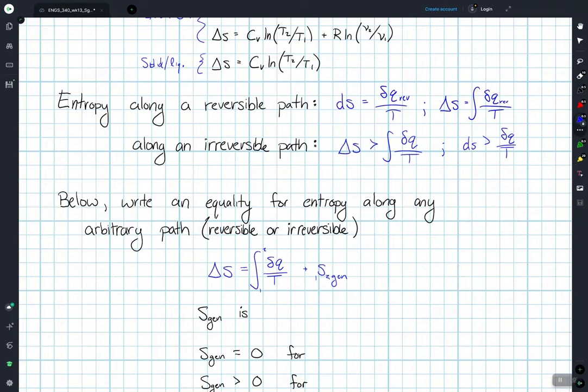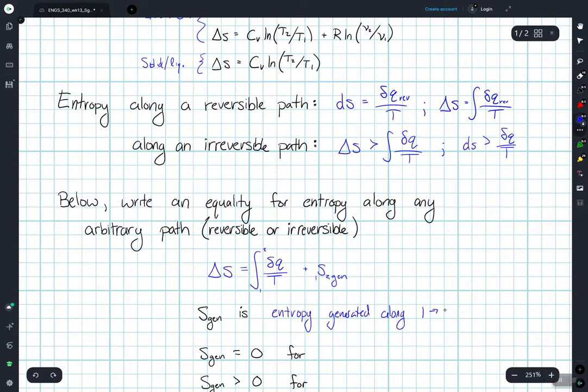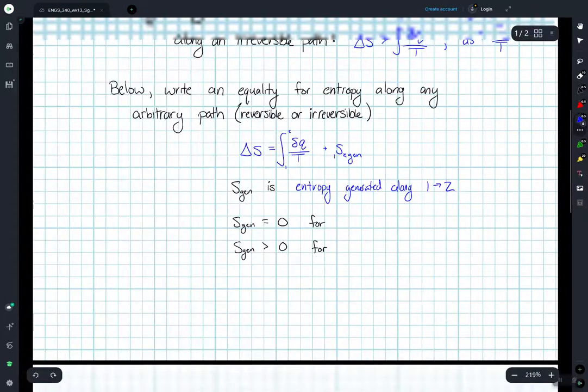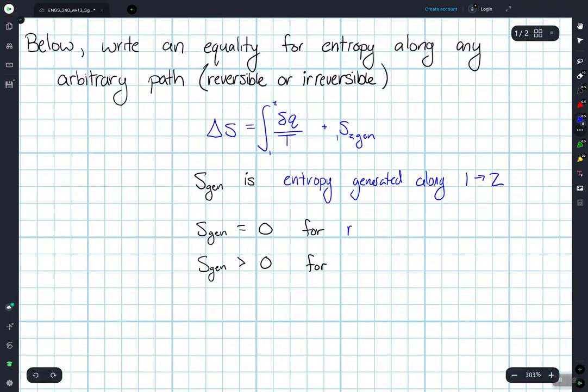So S gen is the entropy generated along our path from point 1 to point 2. So S gen is exactly equal to 0 for a reversible path, and S gen is greater than 0 for an irreversible path.